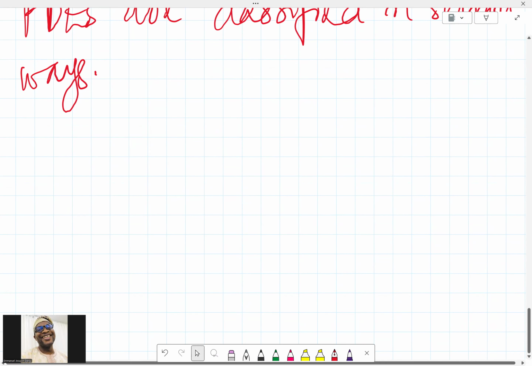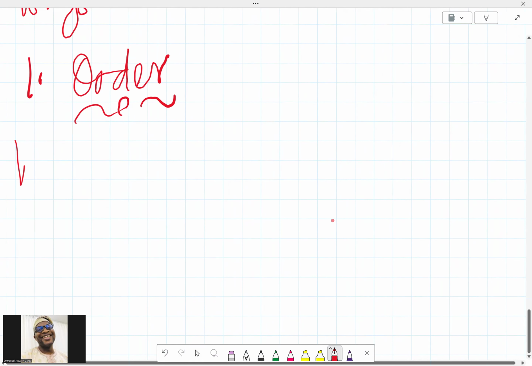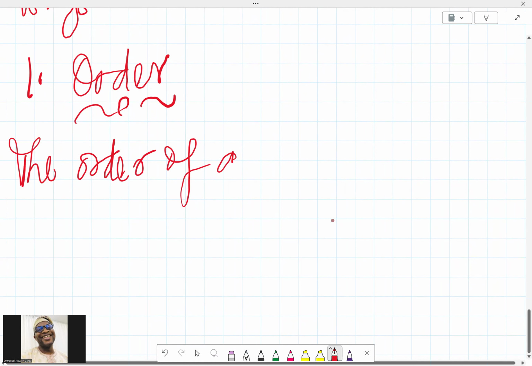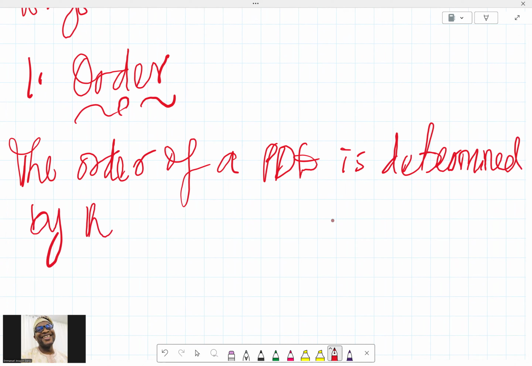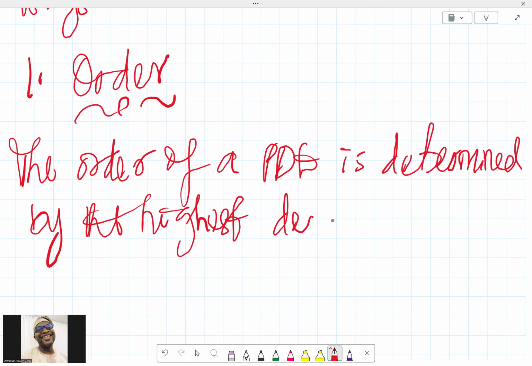First of all, we can have classification based on order. We say that the order of a PDE is determined by the highest derivative in the equation.